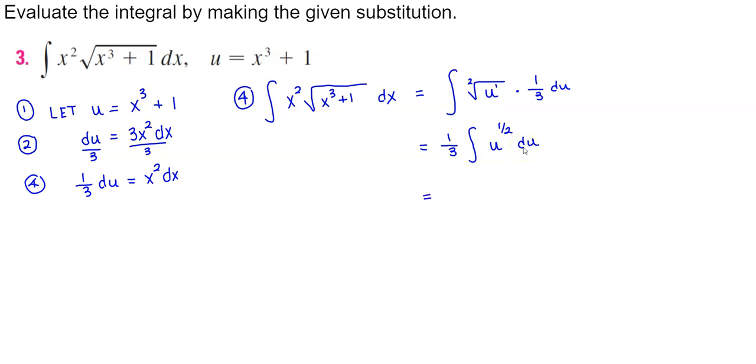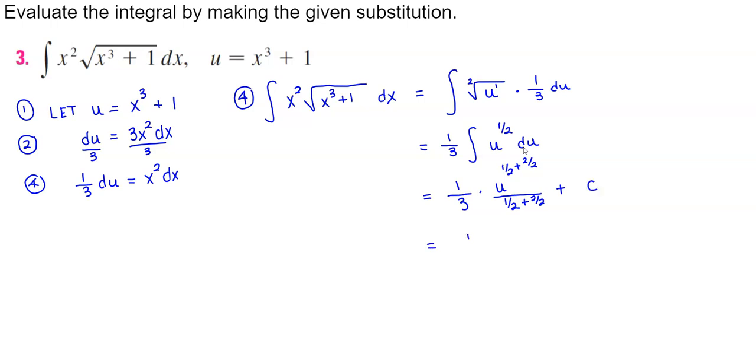So we get 1/3. Remember, the definition of finding the antiderivative is saying 1/2 plus 1. Now remember, 1 is the same thing as 2 over 2. And then in the denominator, we're going to have the same thing. It's going to be 1/2 plus 2 over 2, and then plus the constant c.